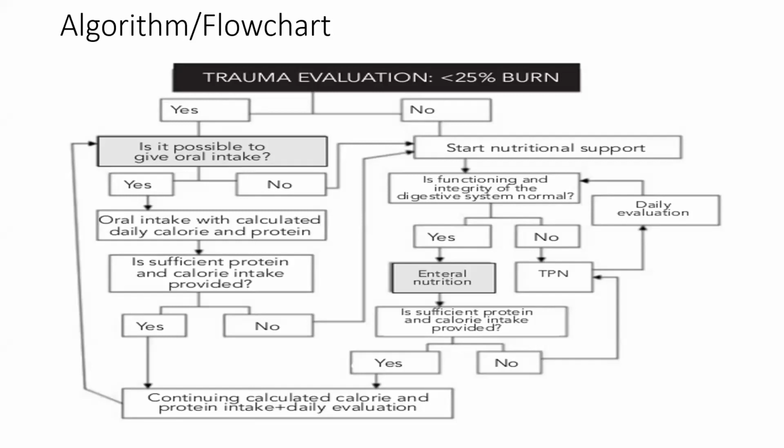It's also less effective in maintaining the gut barrier and the host immune function as opposed to enteral. So it impairs the immunity of the individual and can also pose a risk to the functioning of the liver. So using enteral will pose less risk to the patient as opposed to TPN.